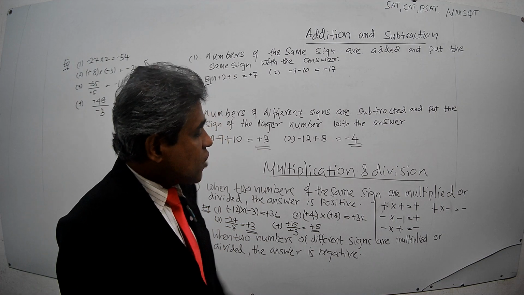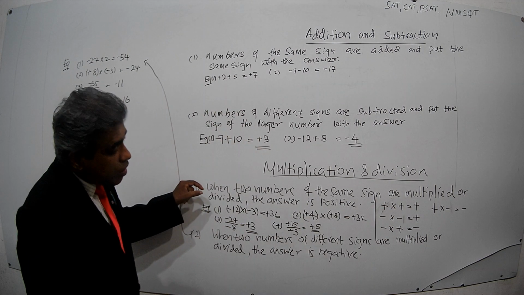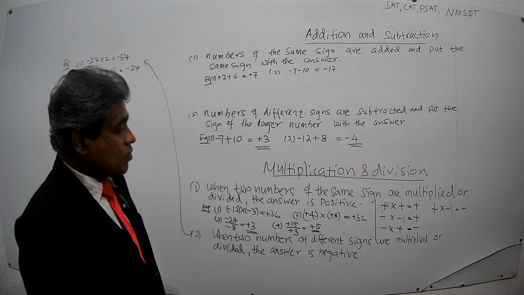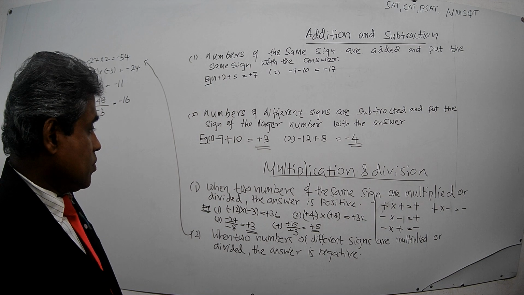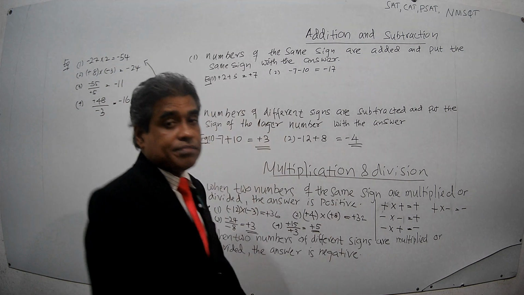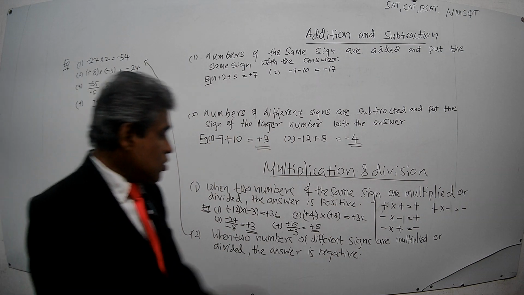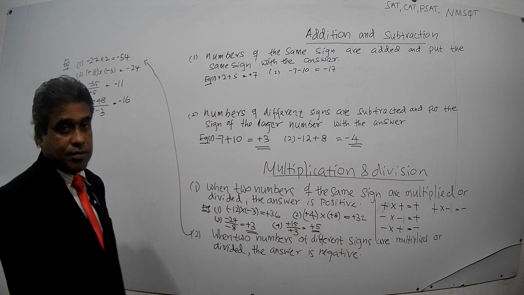Then these sign multiplications are based on these two rules, right?